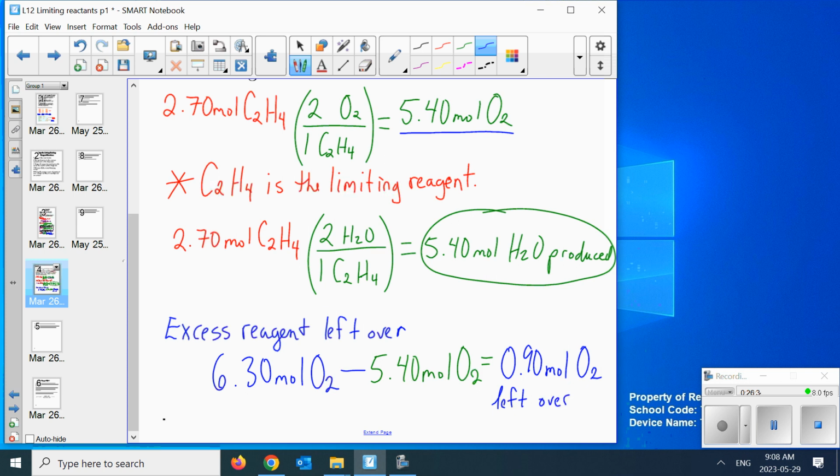That's our third answer. The extra steps of mass are big, but we know how to go from grams to moles. It's the same with water.